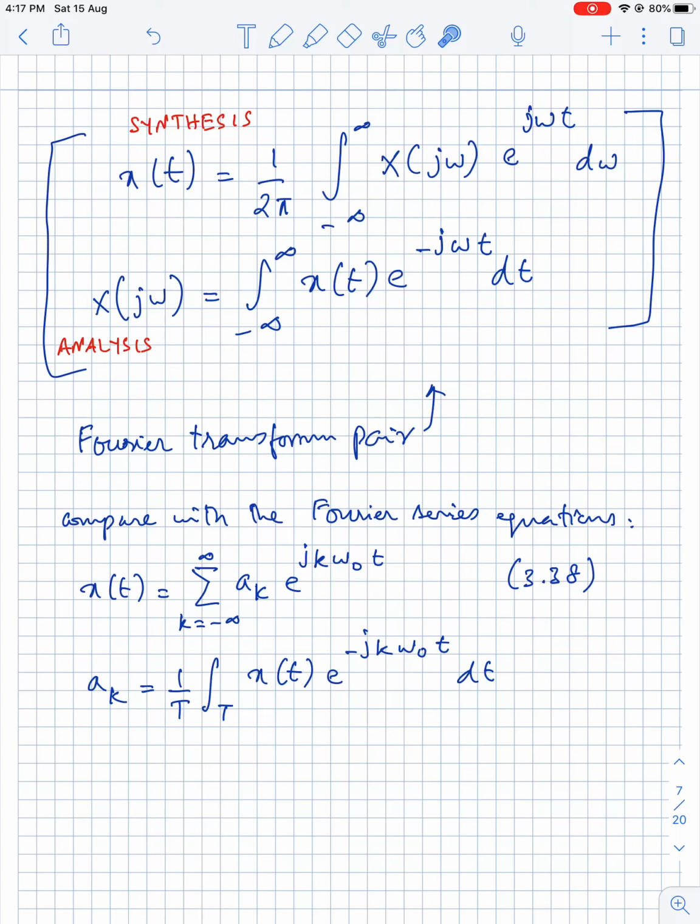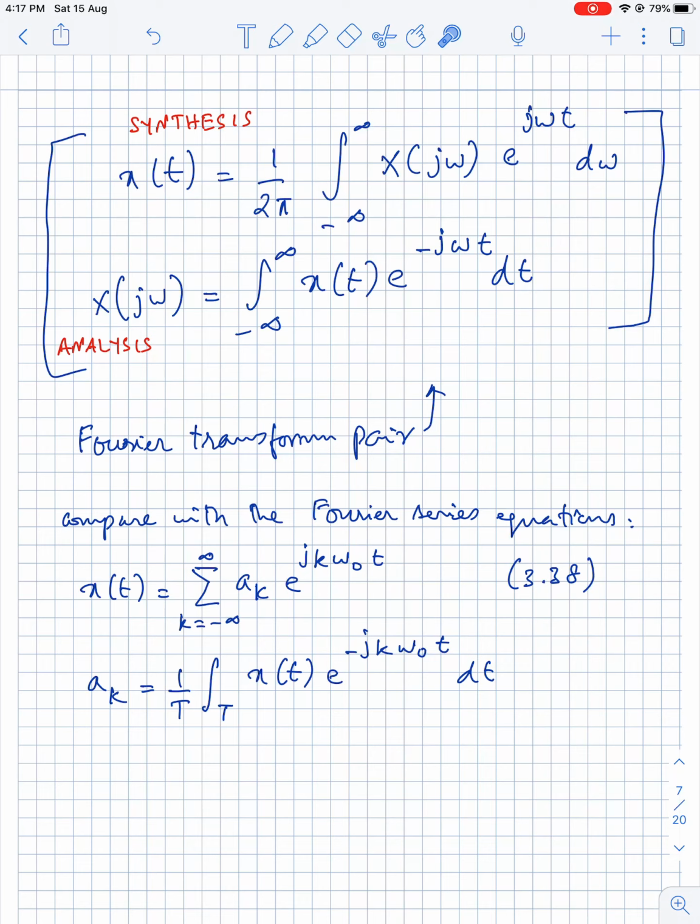This is x of j omega, and this forms the coefficient of the linear combination. So essentially in the synthesis we are expressing x of t in terms of a continuous linear combination, where these are the linear combination coefficients, and this is a continuum of omegas, not discrete k omega naughts, that is why we have a d omega.